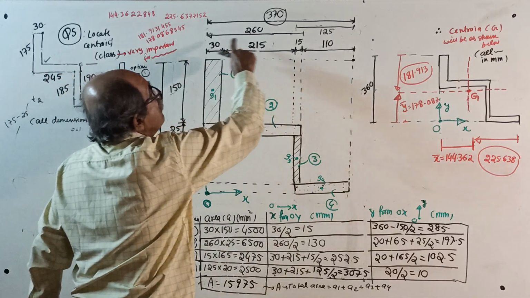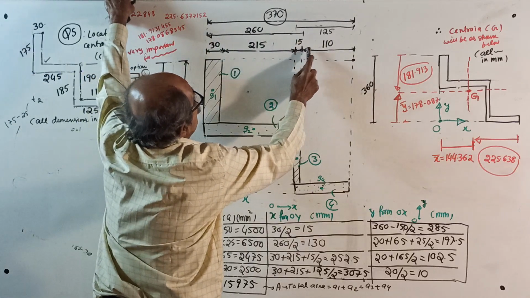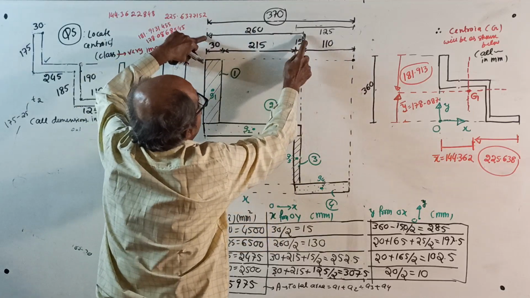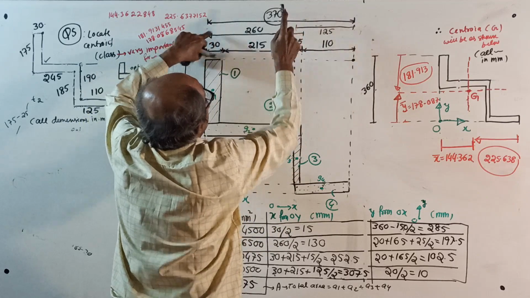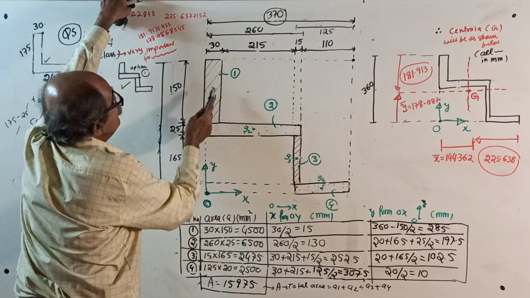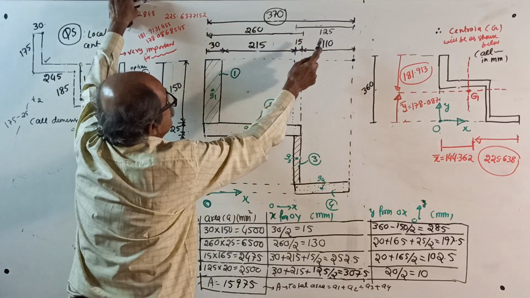I want the full dimension. How much? 260 plus 110. See, from here to here is 260 plus 110. That's how I got 370. Or you can do one thing: 30 plus 215 plus 15 plus 110.